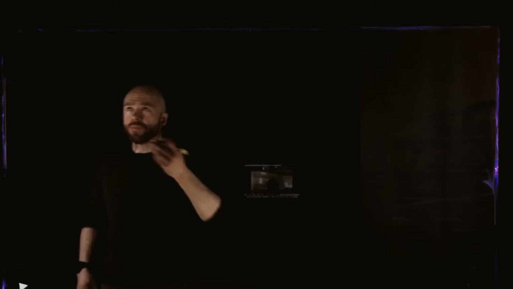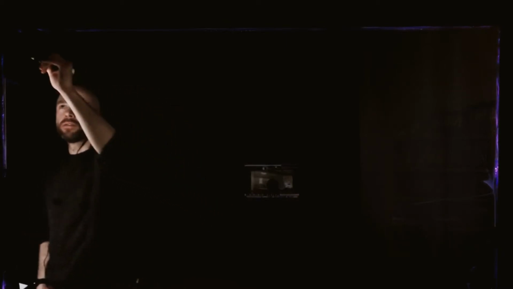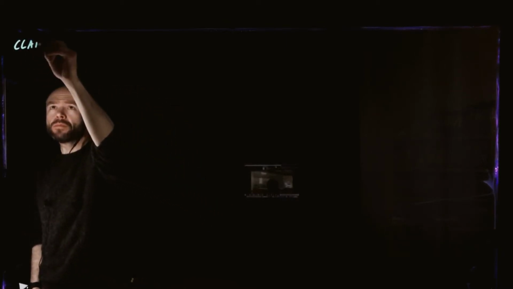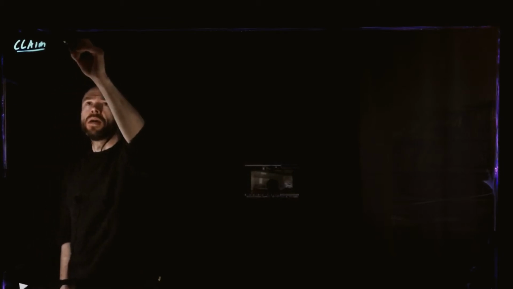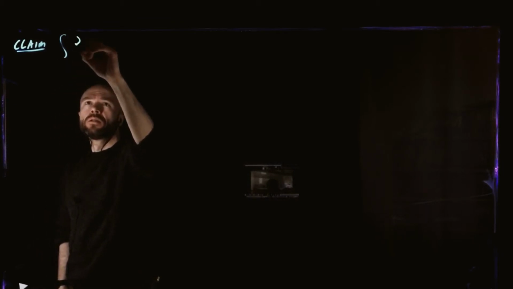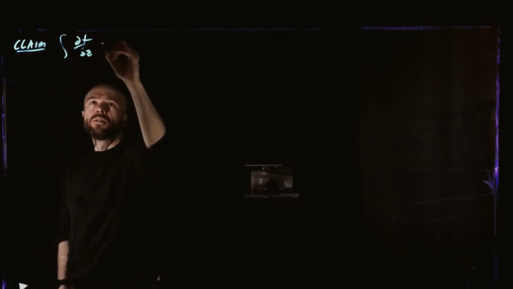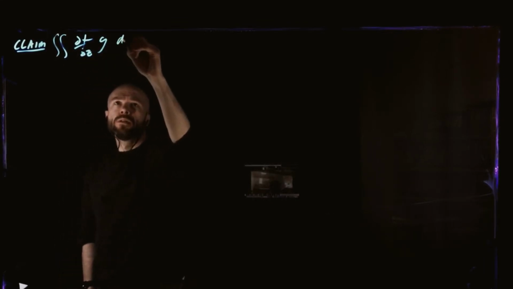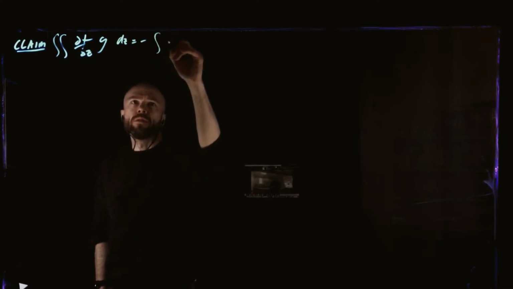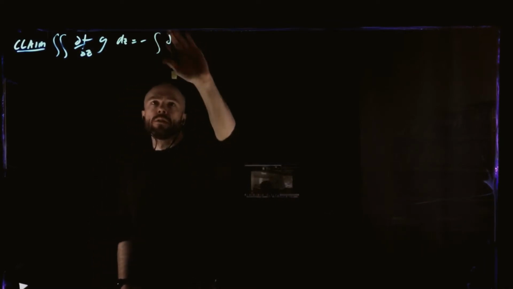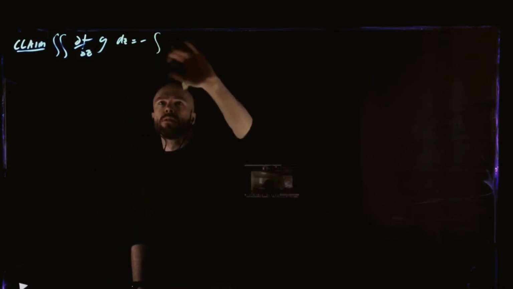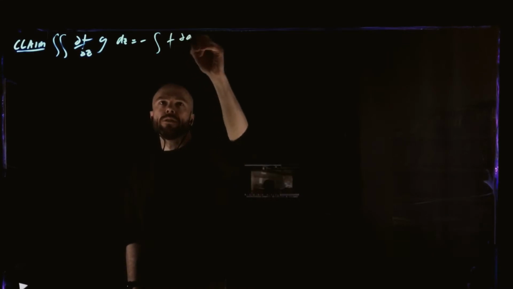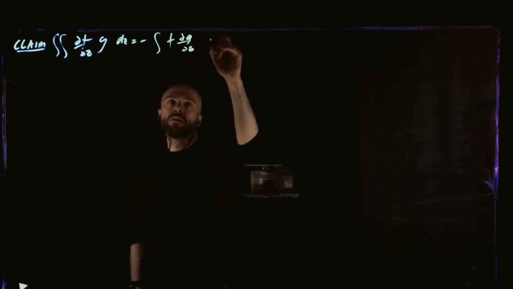We want to verify that we can treat weak derivatives in exactly the same way when we have these Wirtinger derivatives. So claim that if we do this, df by dz dg, I want to do the double integral dz, this is the same as minus the integral of, let's write f dg by dz.